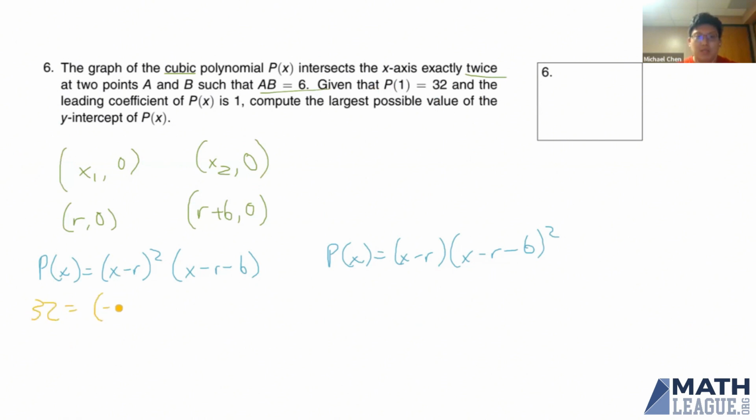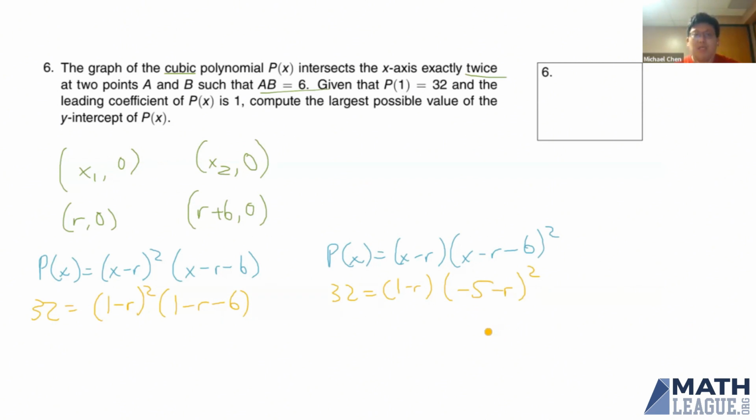At this point, we can plug in p of 1 equals 32 to get 32 equals, in our first case, 1 minus r quantity squared times 1 minus r minus 6. And then in our second one, 32 is equal to 1 minus r times, and I'll combine them here, negative 5 minus r quantity squared.